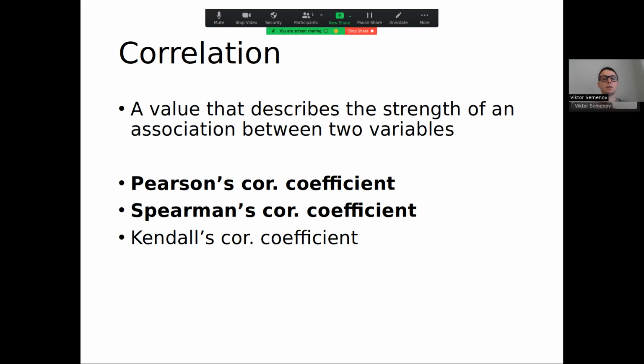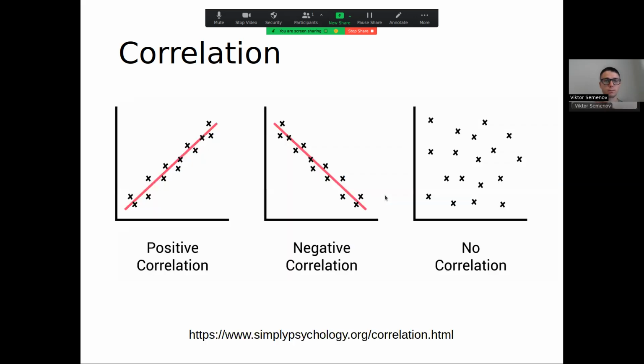They are pretty similar to one another, but today we're going to concentrate on the first two. So the correlation coefficient for parametrical data is Pearson's correlation coefficient, and for non-parametrical data, Spearman's correlation coefficient.